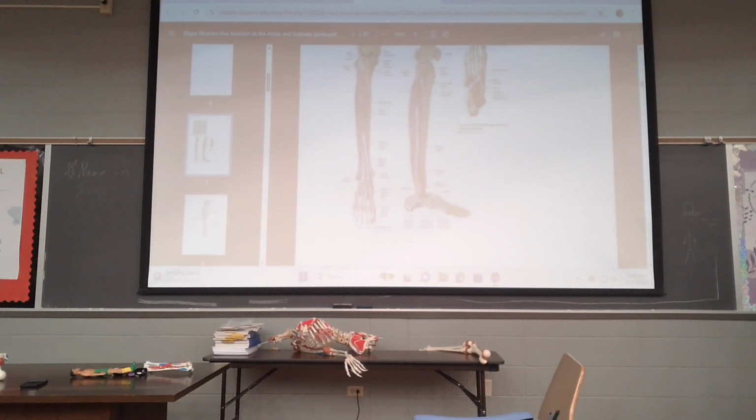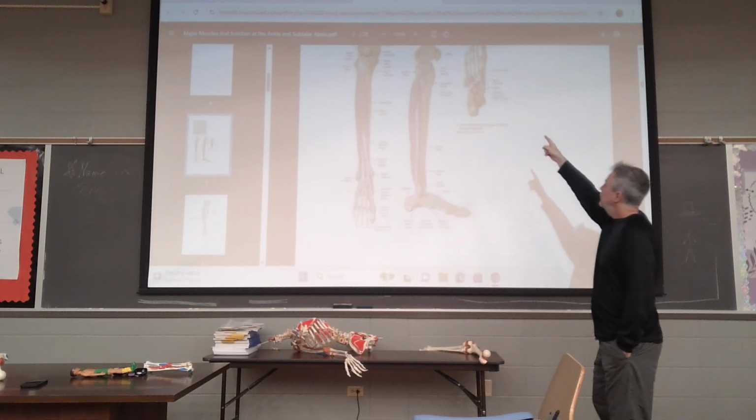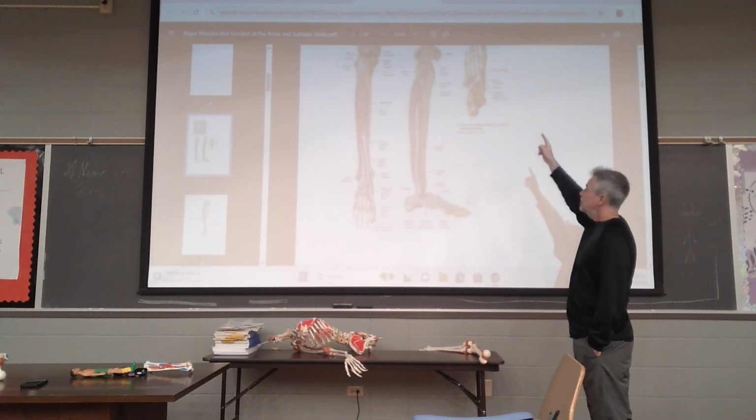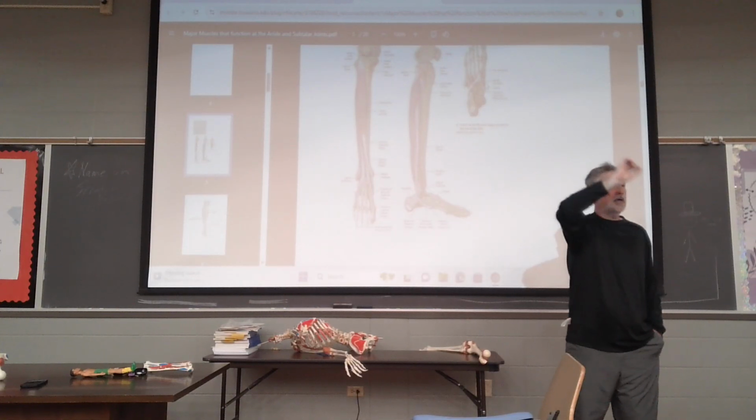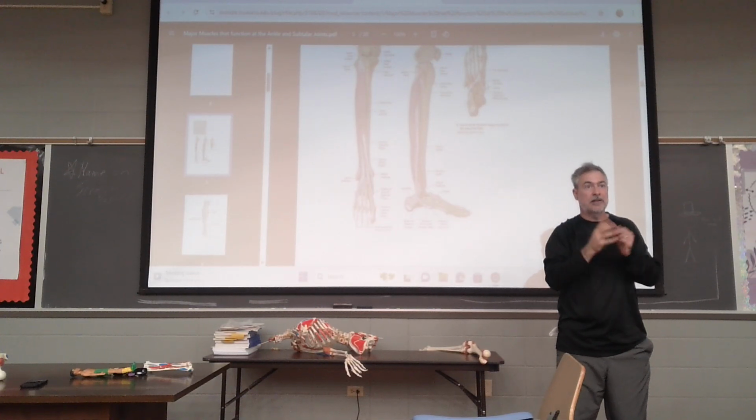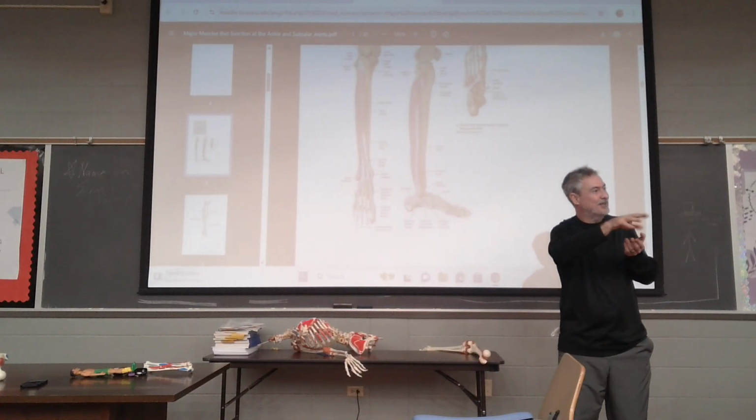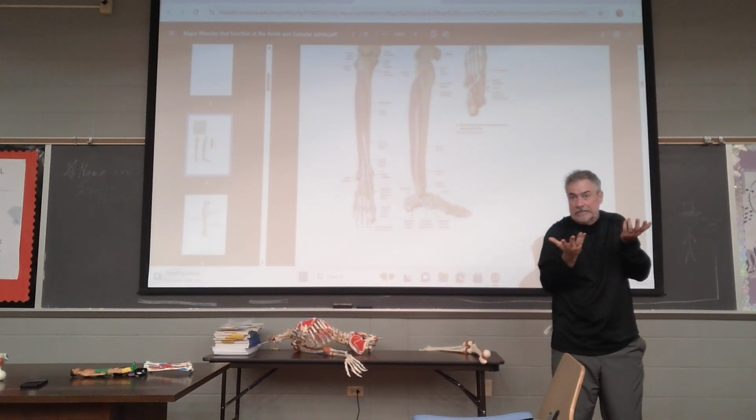And again, where it inserts is irrelevant to how it crosses. It can insert on the base of the third, the base of the second, the base of the first. It could do a loop-de-loop and make a pretty bow at the top of the foot. It doesn't change that it crosses anteromedial. It's going to be a dorsiflexor and an invertor.